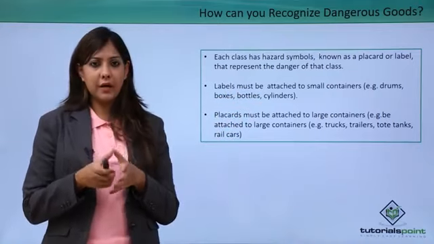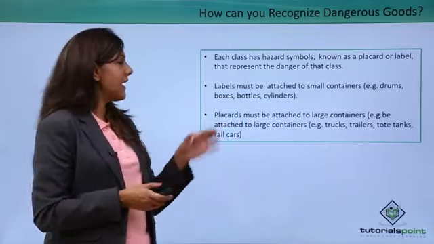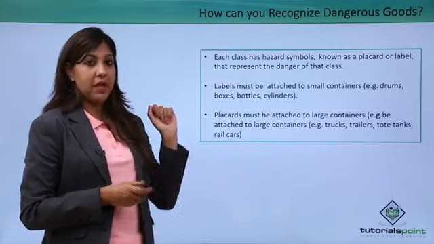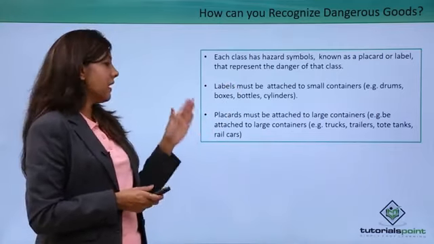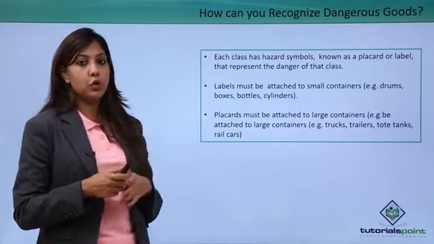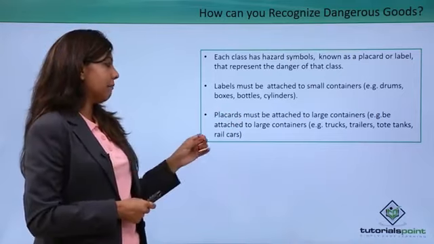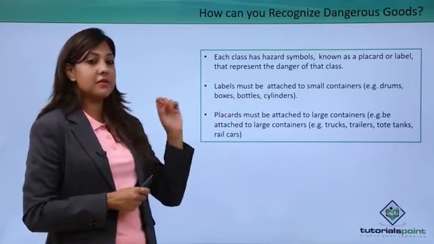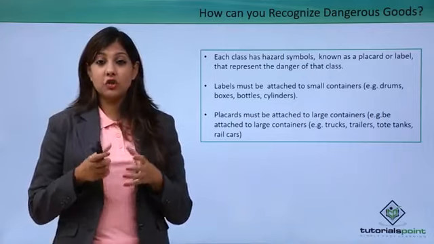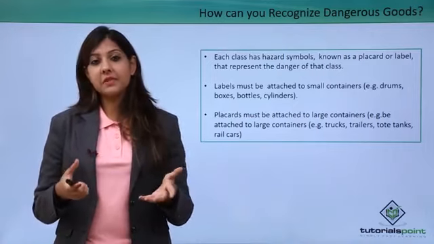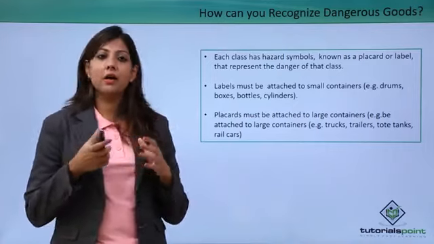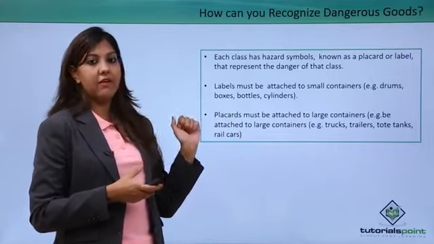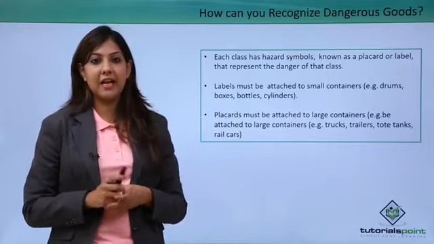These are smaller articles or smaller substances, and labels can be attached to them. But for bigger substances, placards must be attached to larger containers, for example trucks, trailers, tanks, etc. So whenever there is a bigger substance or container to be carried, a placard must be there, and for smaller containers, a label can be used.